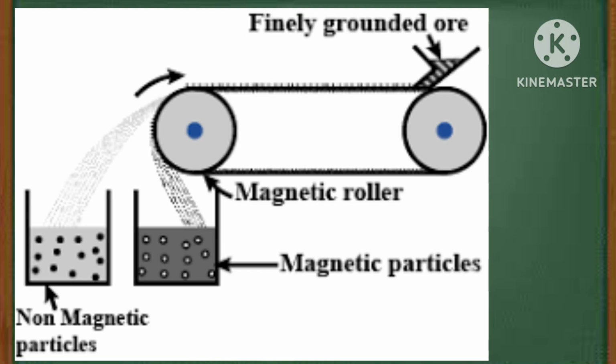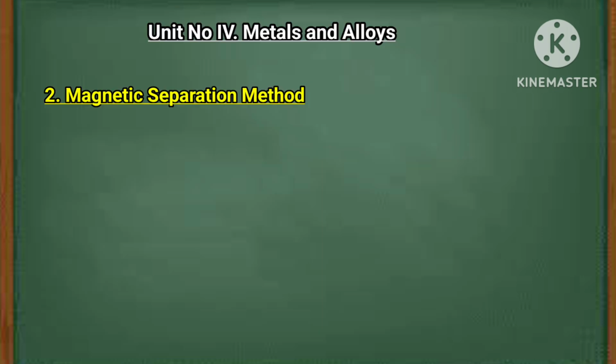That particular leather belt moves over two rollers, and one of them is magnetic in nature. In this method, generally powdered ore is dropped over the moving belt at one end, and at the other end the magnetic portion of the ore is attracted by the magnetic roller and falls nearer to the roller, while the non-magnetic portion is separated further off, and we can see that in these two separate beakers.